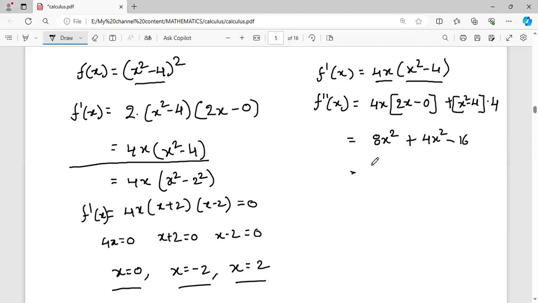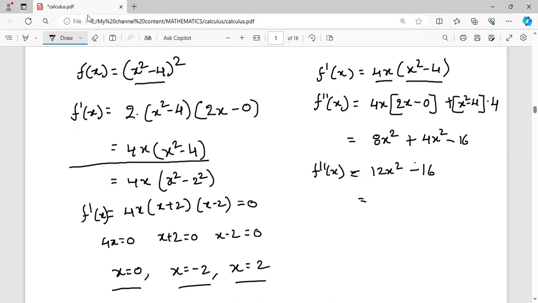So from that we can write 12x square minus 16. So we get the value of f double dash of x equal to 12x square minus 16.